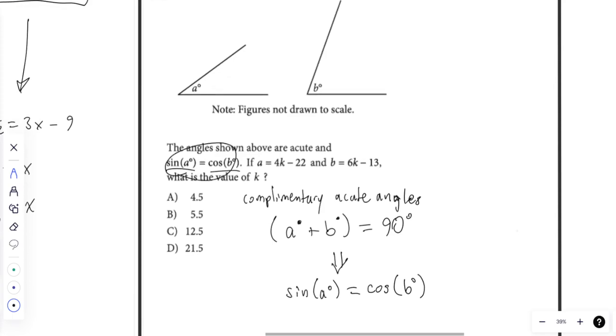But if the sine of this angle is equal to the cosine of this one, that means that they add up to 90. Then that actually gives us the information we need to solve, because without this, we wouldn't be able to solve this question. We have A plus B equals 90, and just substituting in those definitions, we get 4k minus 22 plus 6k minus 13 equals 90.